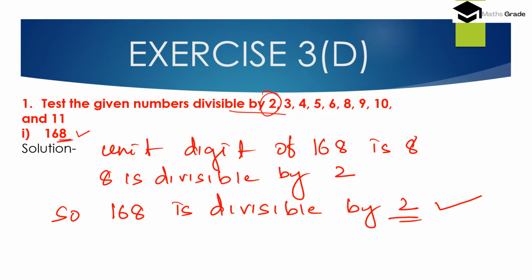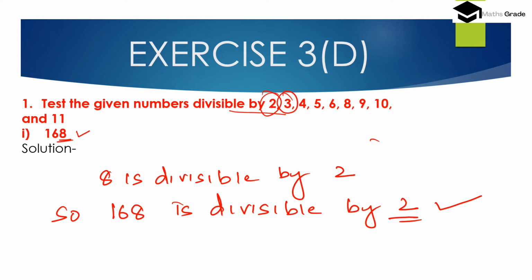Now we check whether 168 is divisible by 3 or not. We know any number is divisible by 3 if the digit sum of that number is divisible by 3. If the digit sum is not divisible by 3, then the number is not divisible by 3.